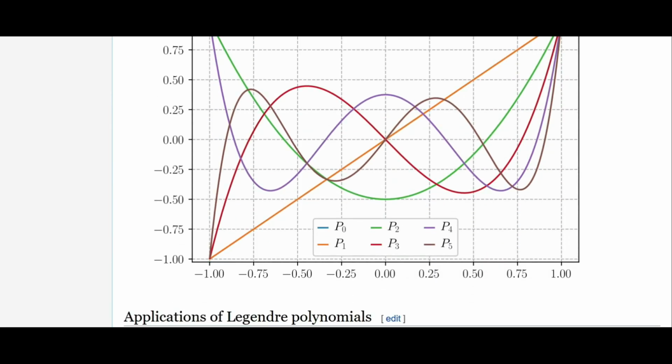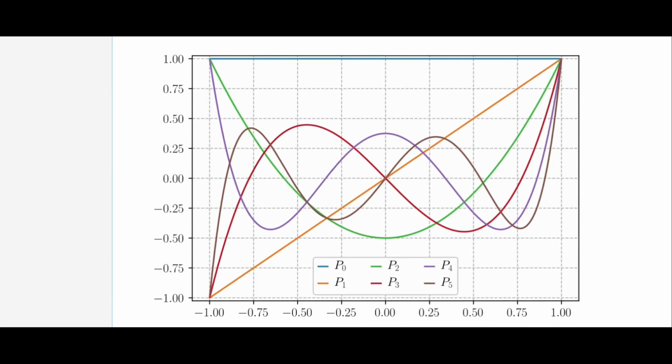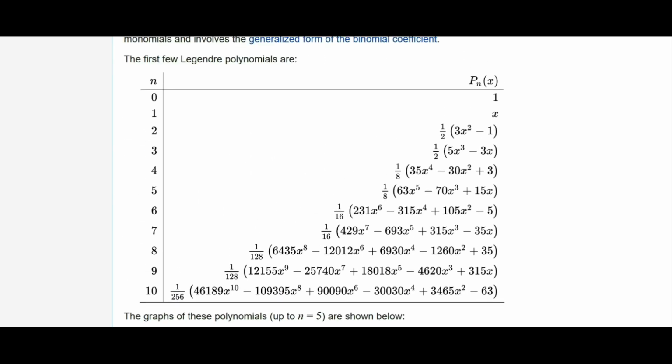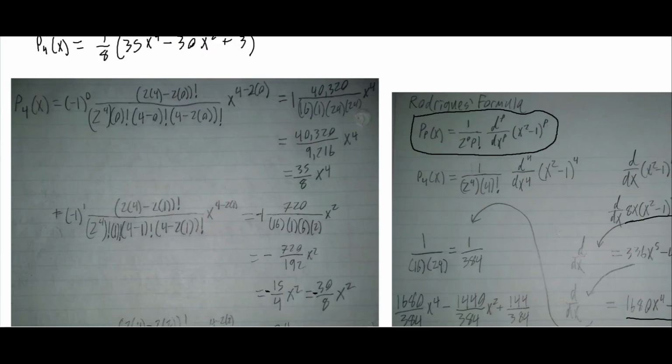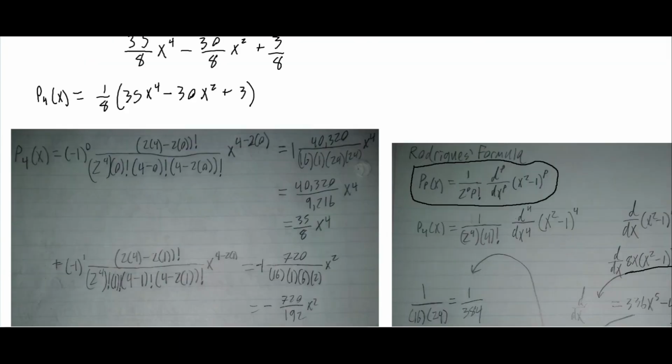And these are the graphs of the first 6 of these polynomials, between -1 and 1, which is where these are convergent.